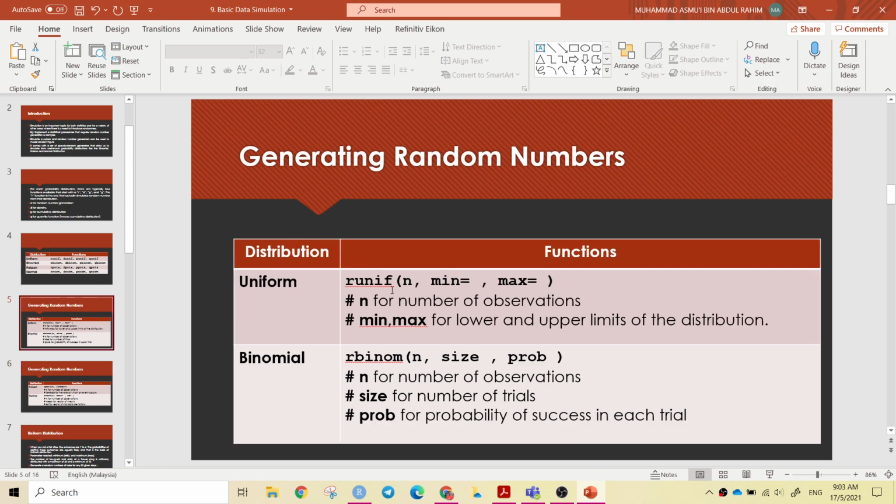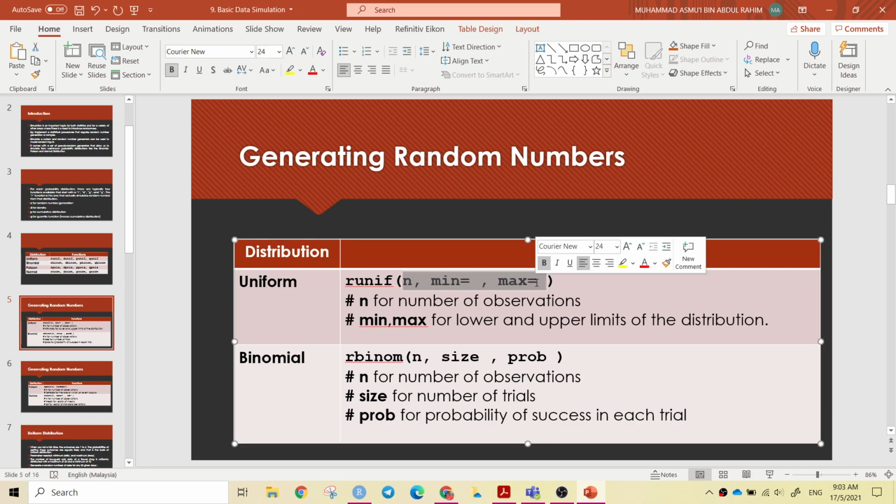For each of these functions, they have arguments. These arguments are the parameters needed in the probability distribution. As an example, for uniform, they need the min and max, and n is the number of observations, or how many random numbers you want to generate.